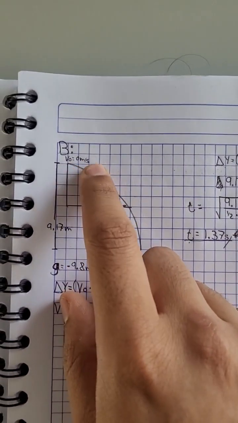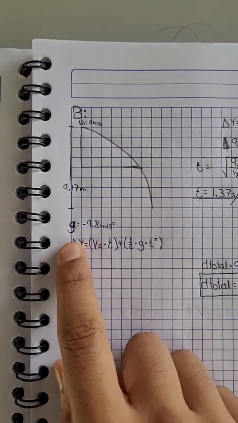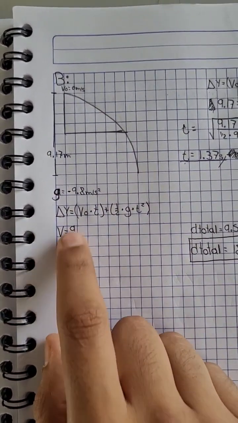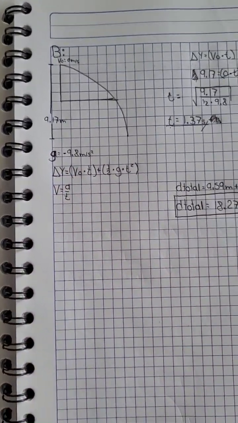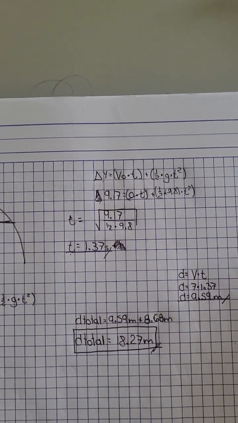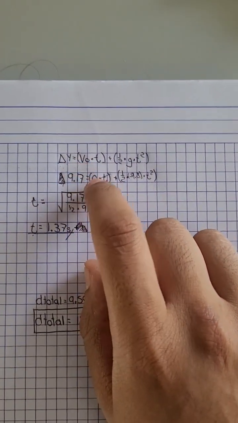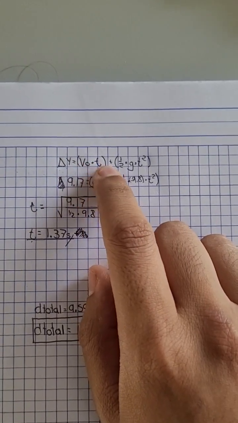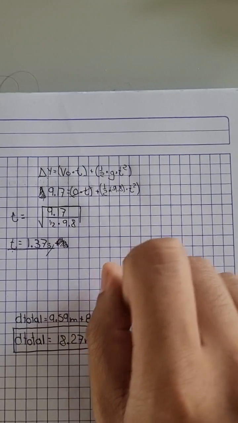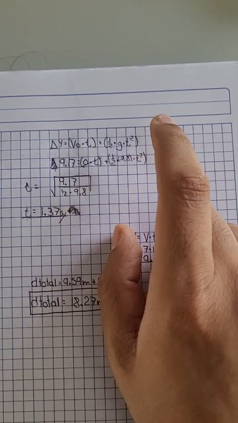Now we already have the distance, and our initial velocity is going to be 0, like in free fall. We have the acceleration, which is gravity, and these are the formulas that we need to calculate the total distance. So the distance in y is going to be initial velocity times time, but because the initial velocity is 0, this is cancelled, and it's going to be a half of gravity times time squared.